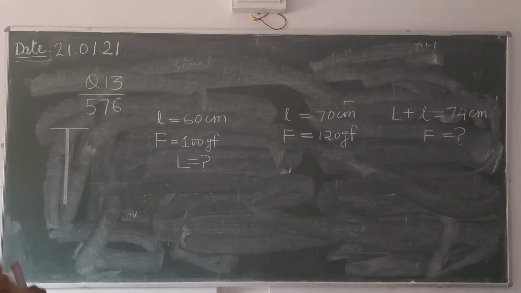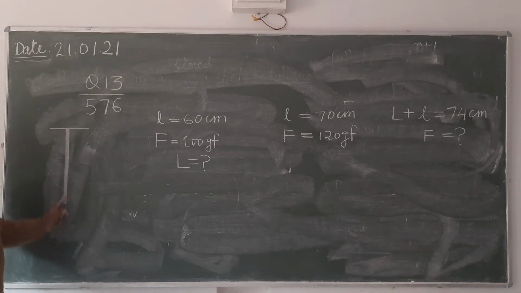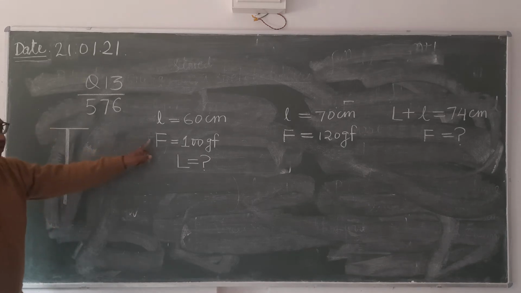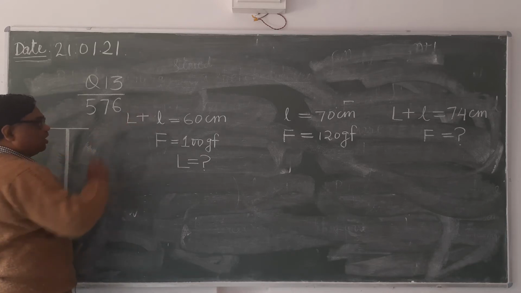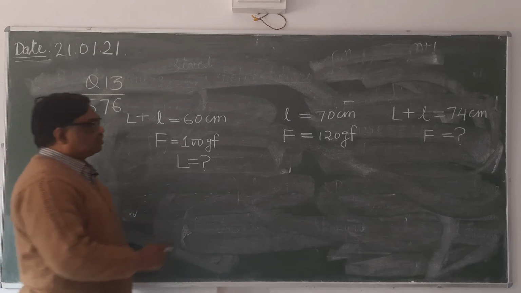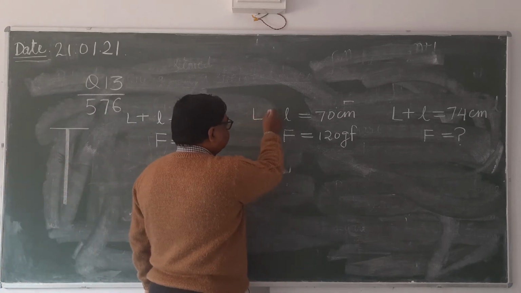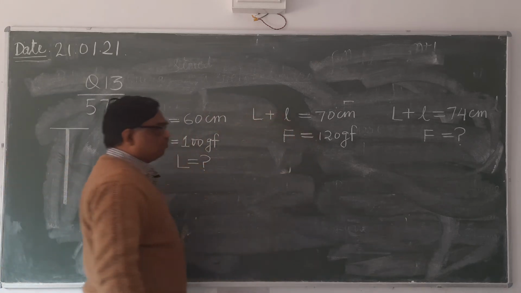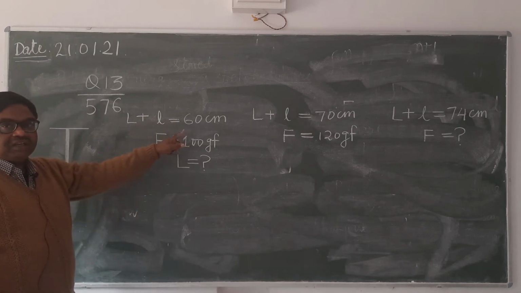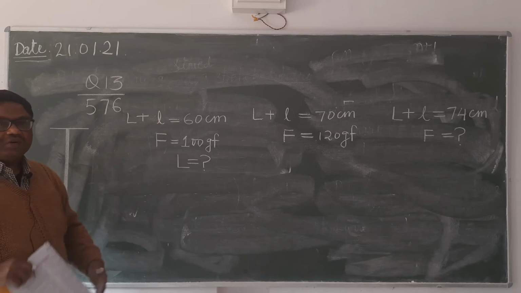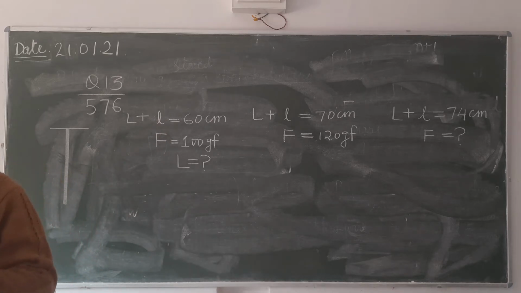It means total length becomes 60 centimeter under this weight. Means this is the capital L plus small l, and its length becomes this under a weight of this. It's clear? It is not the change in length.